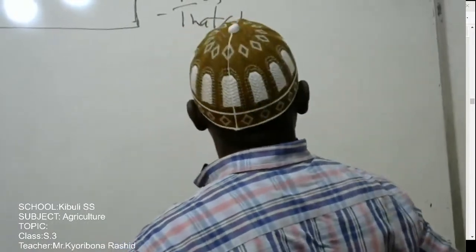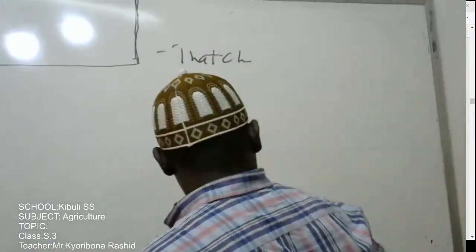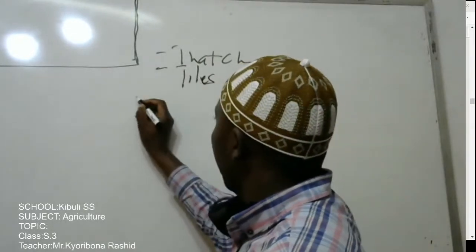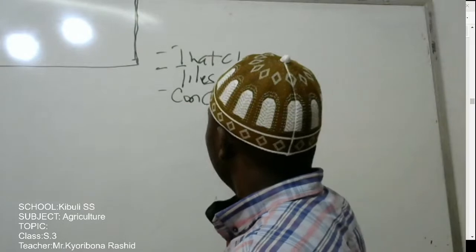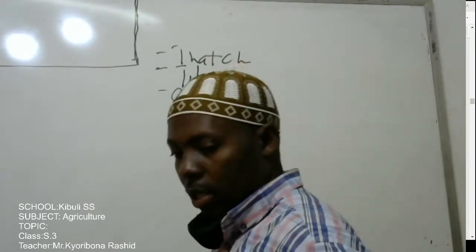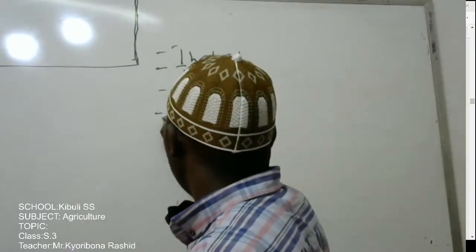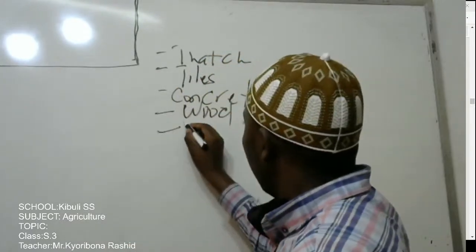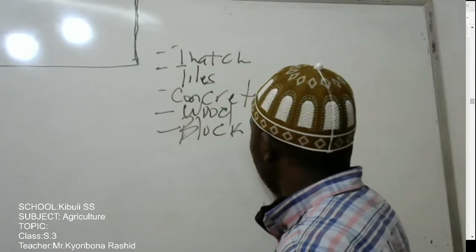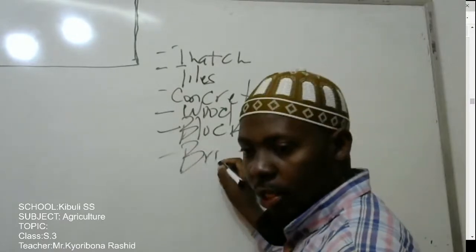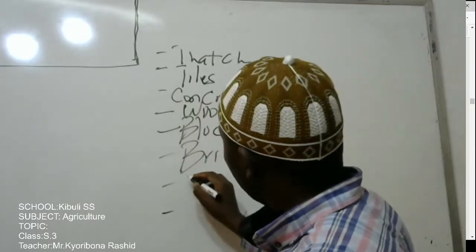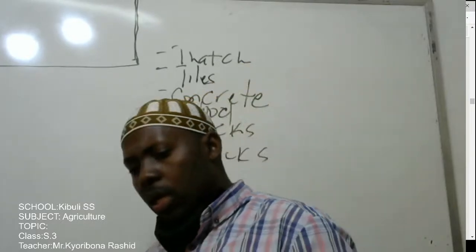Oh, you can't see the ones I've written here. Thatch, tiles, concrete. Okay, we have wood. If we remember, we have blocks, bricks, asbestos and so on.